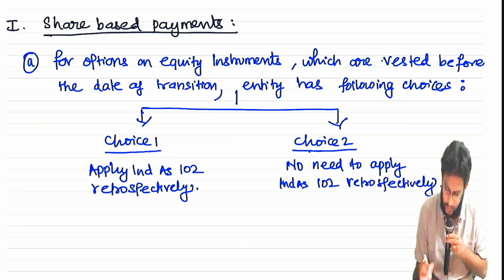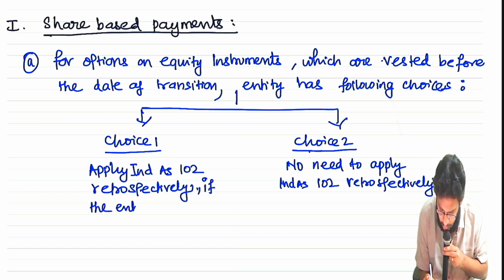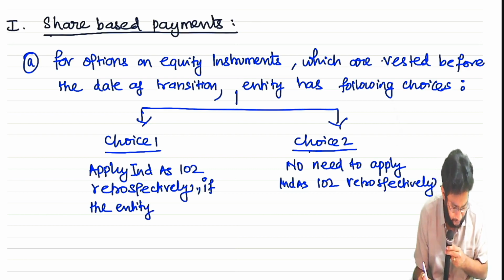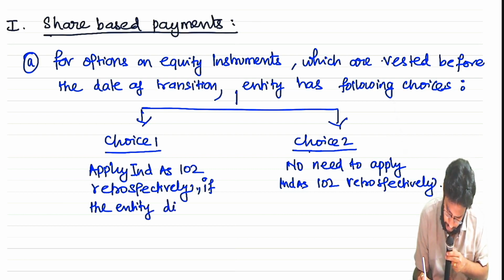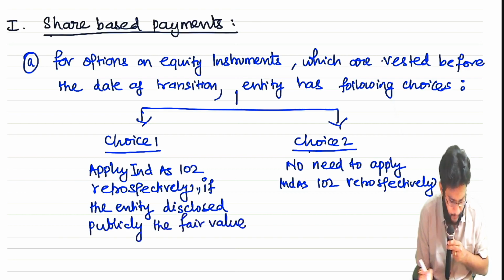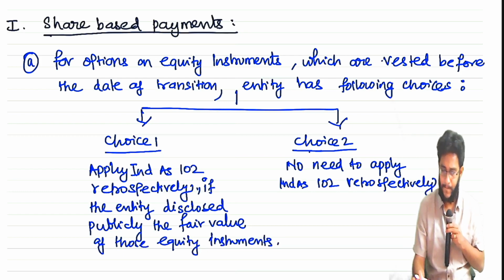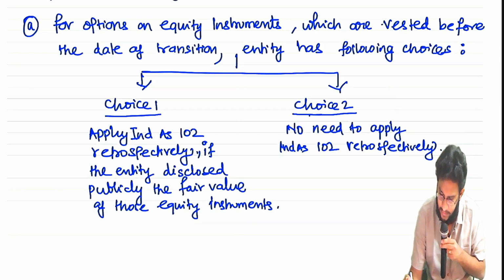Now in choice 1, just to add one more point, you can apply Ind AS 102 retrospectively if the entity has disclosed publicly the fair value of those equity instruments. So this is for vested options.